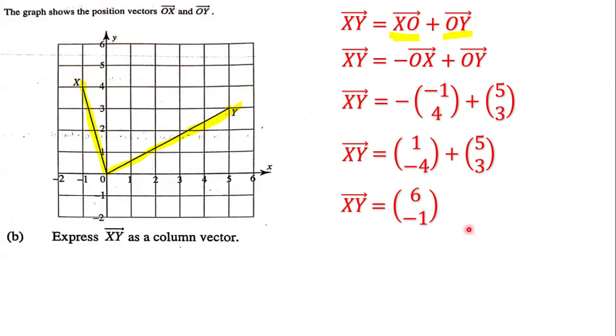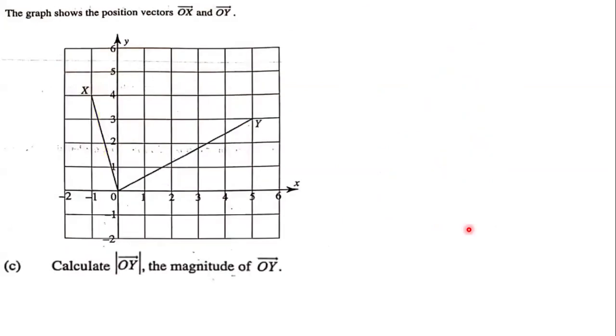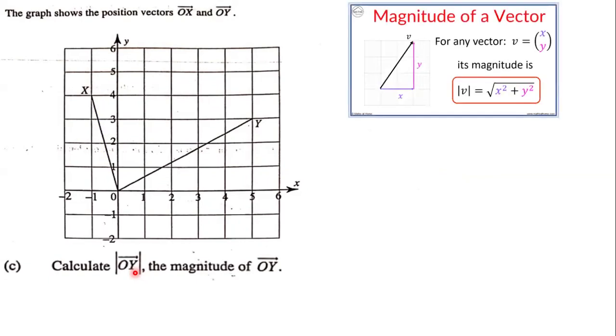Okay, so we already expressed XY as a column vector. Now we need to figure out the magnitude of OY. But even before we figure out what OY is, let's look at the formula for the magnitude of a vector.